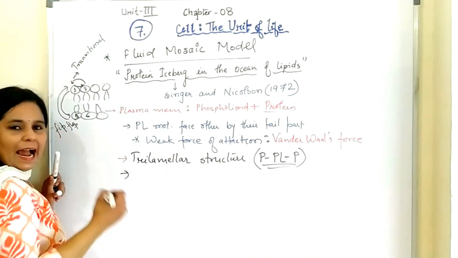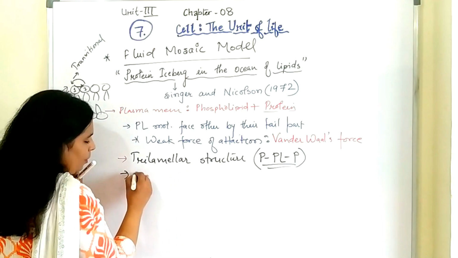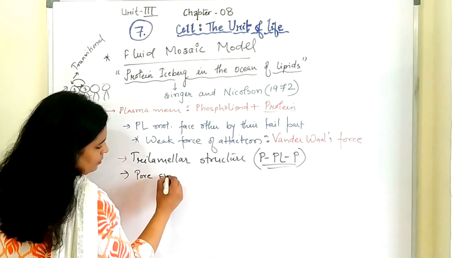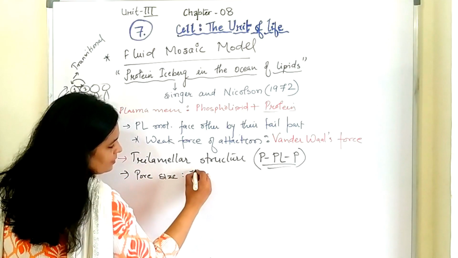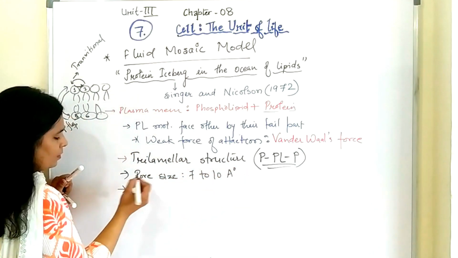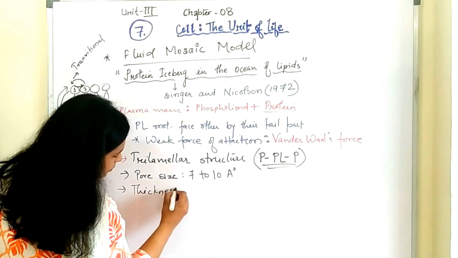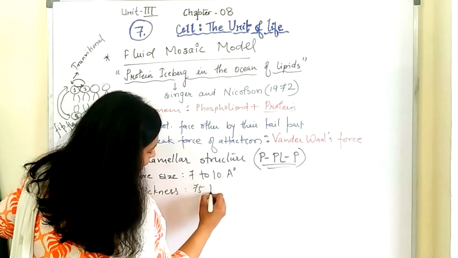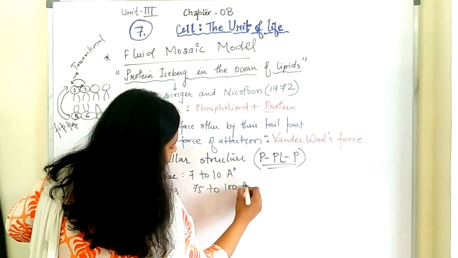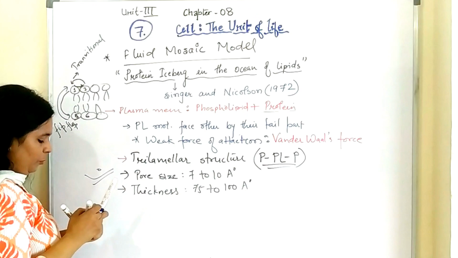One more thing added by Singer and Nicholson: the pore size is between 7 to 10 angstrom and the thickness is 75 to 100 angstrom. So remember, this is a very important point.